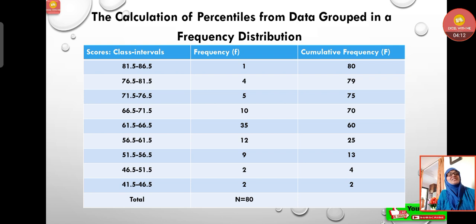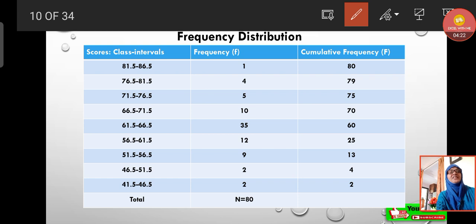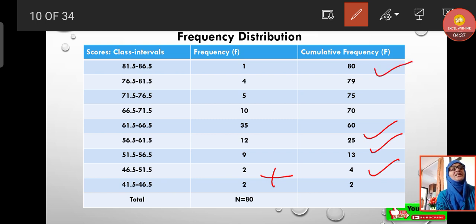Frequencies are given, that is n. Total number is 80. Here cumulative frequencies are given. I'll show you how we take it: 2 plus 2 will be 4, and then 4 plus 9, 13, then 13 plus 12, 25. Like that we add up to come to this count, that is the total number, 80.